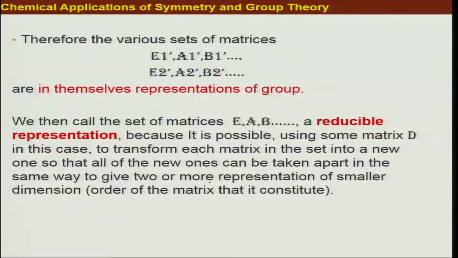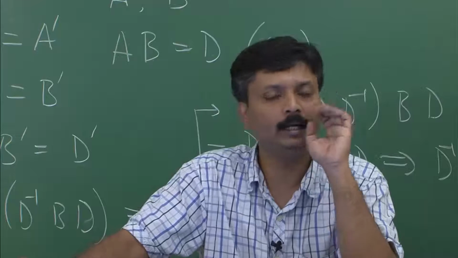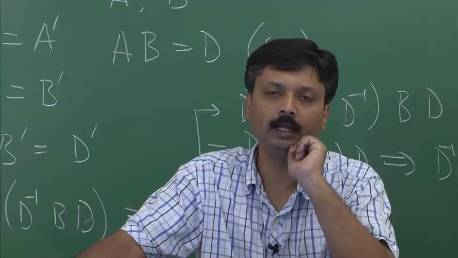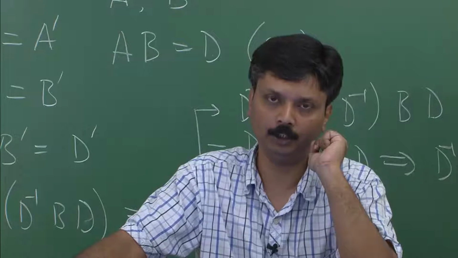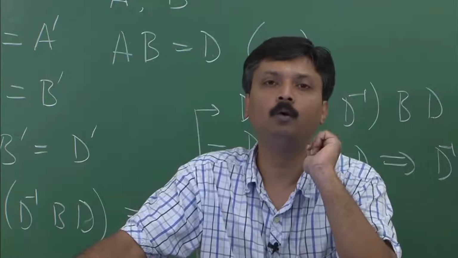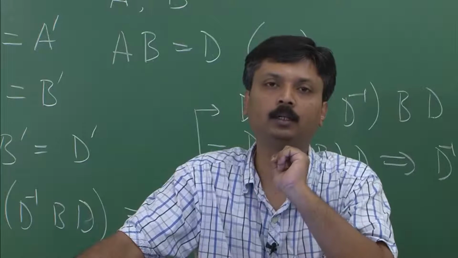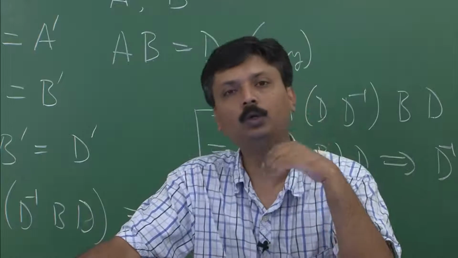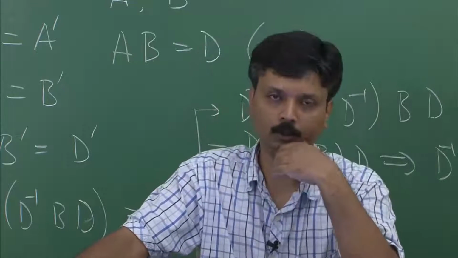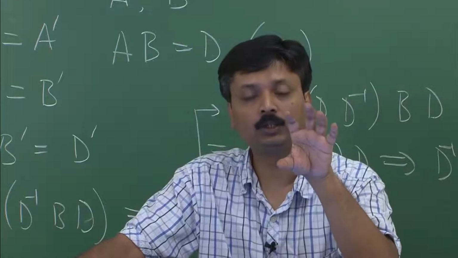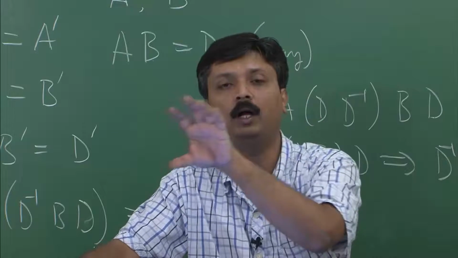We just saw that. Now once we see that it is possible to take a representation like A, B, C that we started with, and then by doing some similarity transformation, if possible, we can block factor all these matrices, and those also act as the representation of the group. Then we can take each block and form a representation.